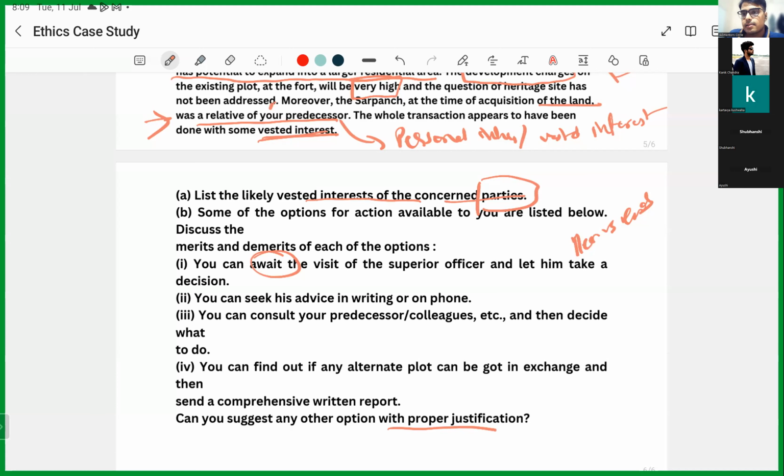You do not know the context. Second, merit: you will not get involved in any kind of negative comments or negative situations in your tenure. So a good ACR for you, even that can be written. Whatever I'm saying, it can be written.